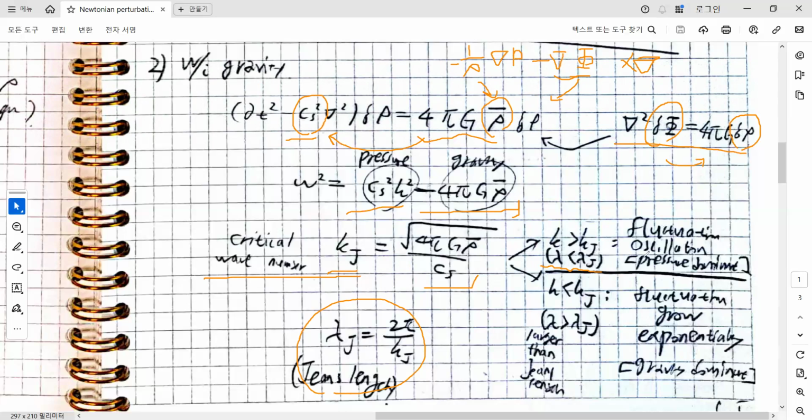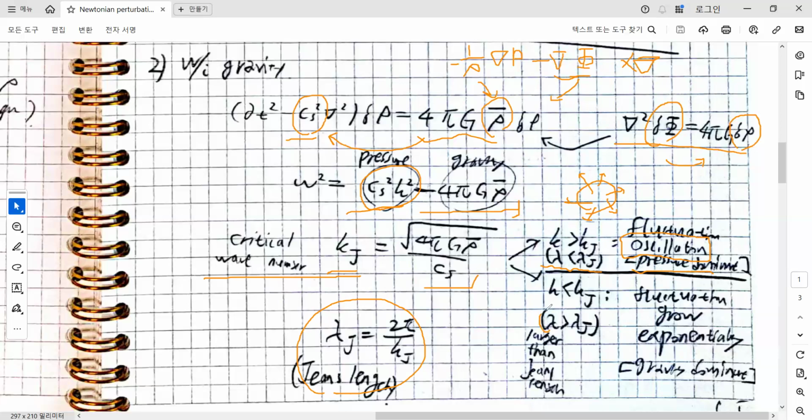So the density perturbations oscillate. This is the case when the first term, the speed of sound, the pressure contribution, is dominant. The pressure dominance means that there will be some repulsive force, so that this gives oscillations.